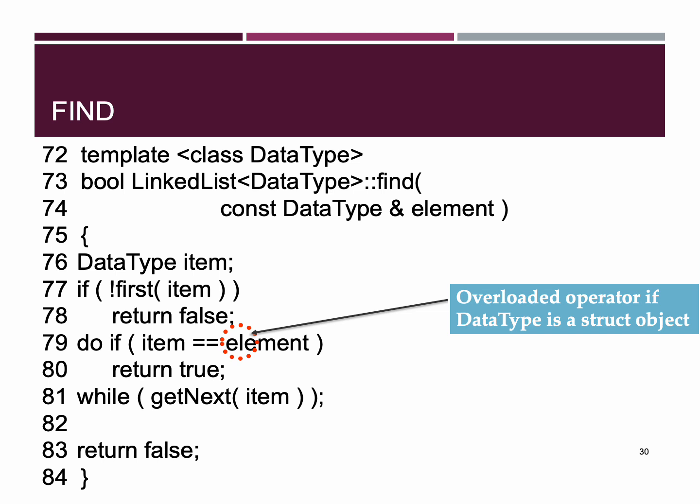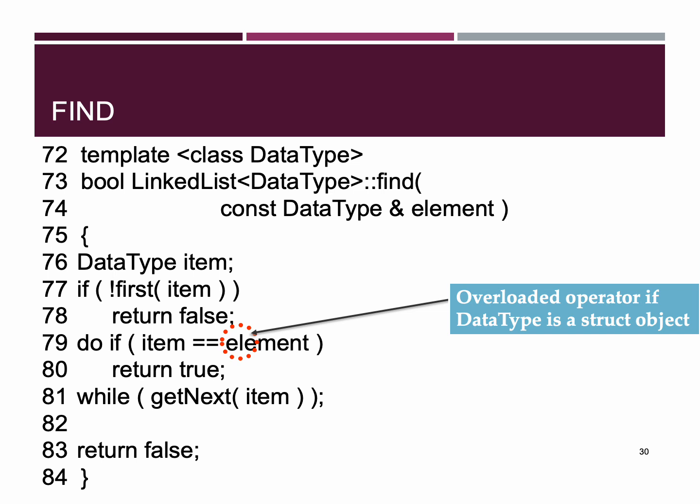If the current item is equal to the target element, the function returns true, indicating that the element has been found. If the element is not found, the loop continues calling getNext to move through the list. If the entire list is traversed without finding the element, the function returns false.